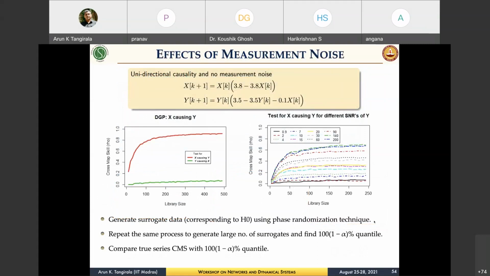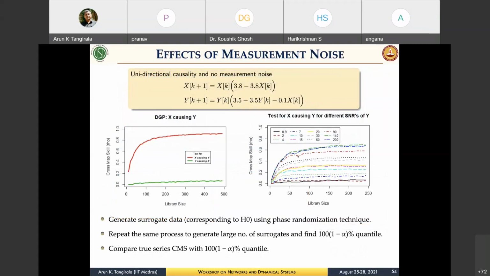So two things I just want to talk about. I'll just take 2 minutes. One is the effects of measurement noise. Unfortunately, Sugihara's work and later works do not address the effects of measurement noise. They were only focused on the non-linear aspects of the dynamical system. But obviously, when there is measurement noise, the signal to noise ratio can affect your cross map skill.